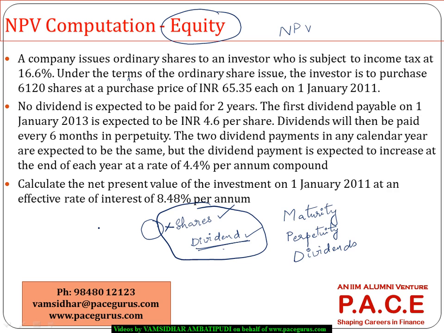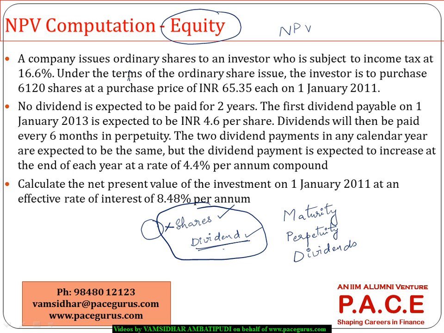NPV is something, the net present value, which is an adjustment, which looks at cash inflows as well as outflows, and finds the net of them. If the net of that is positive, then the investment is profitable based on our expectations. Whereas if the NPV comes out to be negative, the investment is a loss-making kind of an investment. So let's look at some of the things that are there in this numerical.